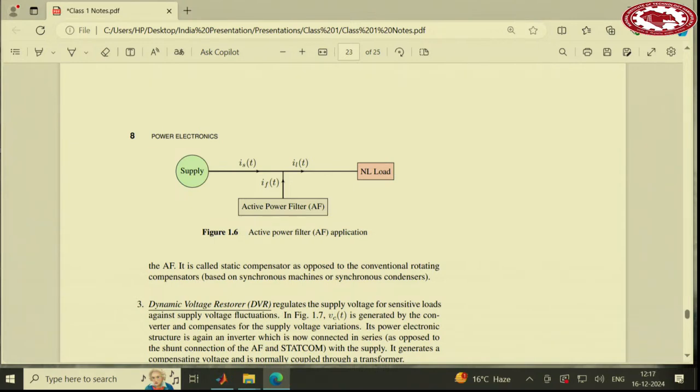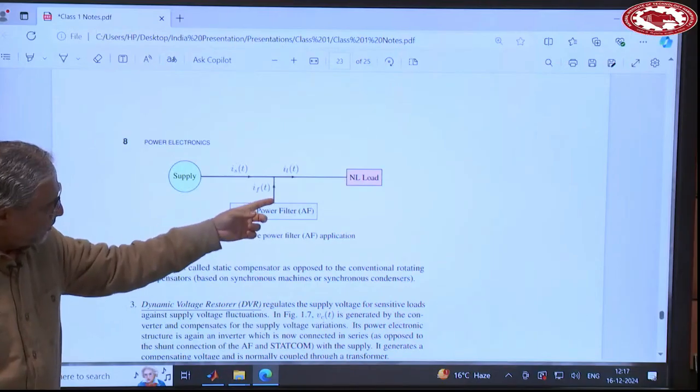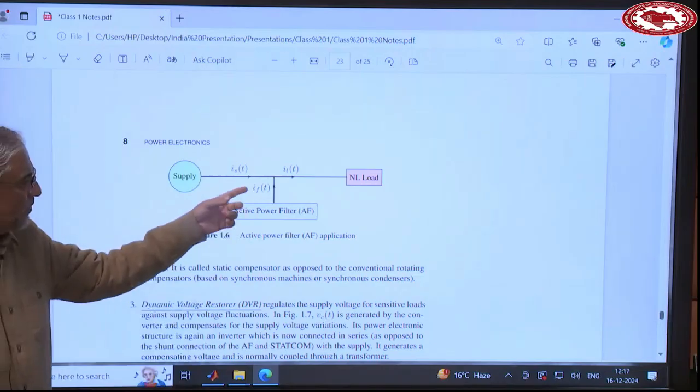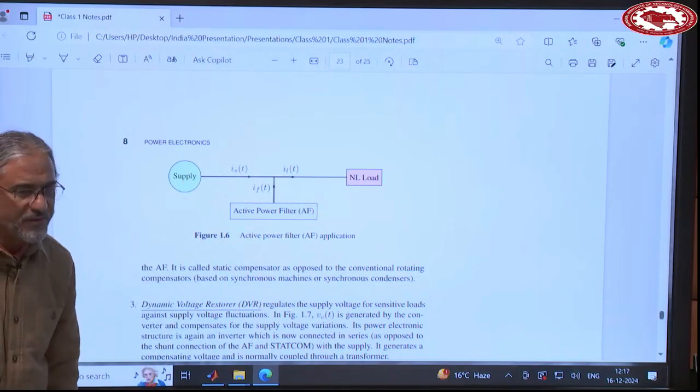For that reason, the power grid does not like that current, because distortions or harmonics have multiple impacts on the power grid. Especially if the load is large, like industrial loads, there are codes and standards by the power grid that would not allow that to happen. So the active power filter here is a power electronic converter that generates the harmonics that the load needs locally. Therefore, this current remains sinusoidal.